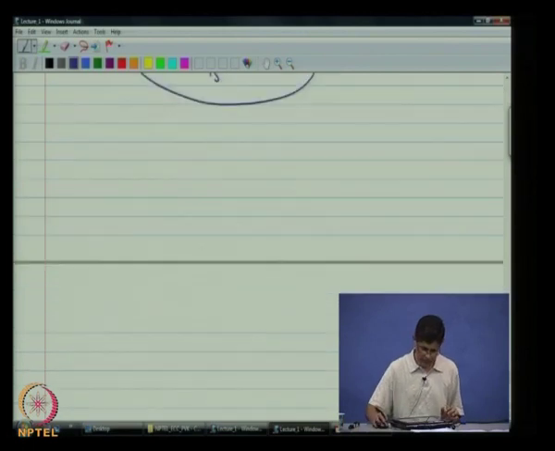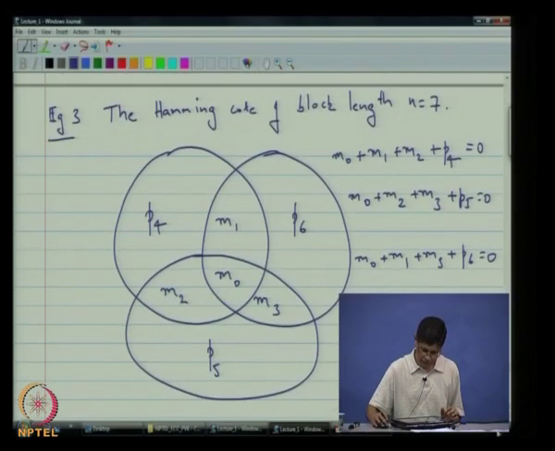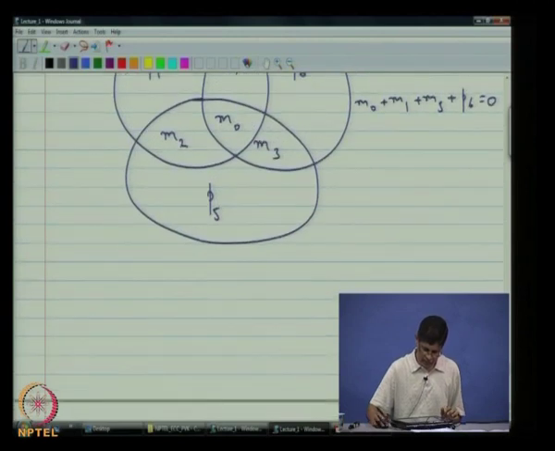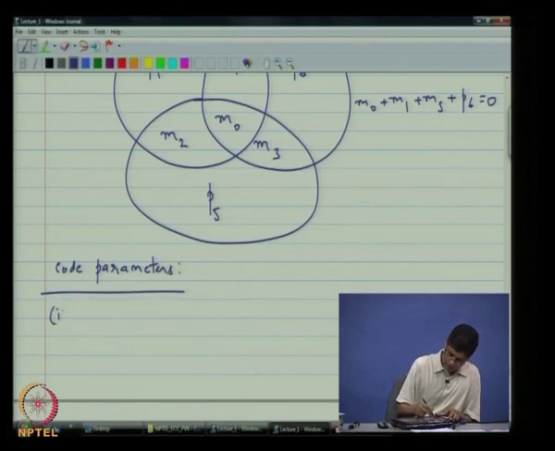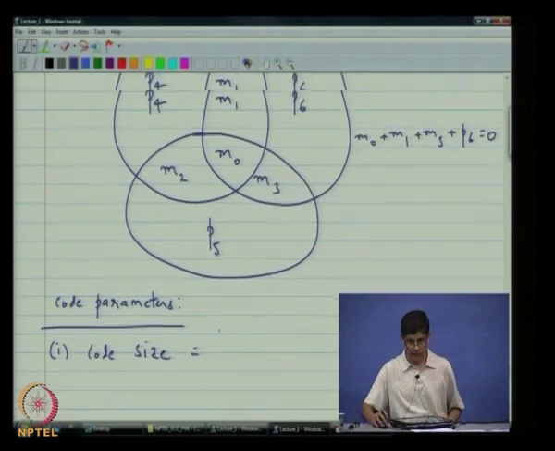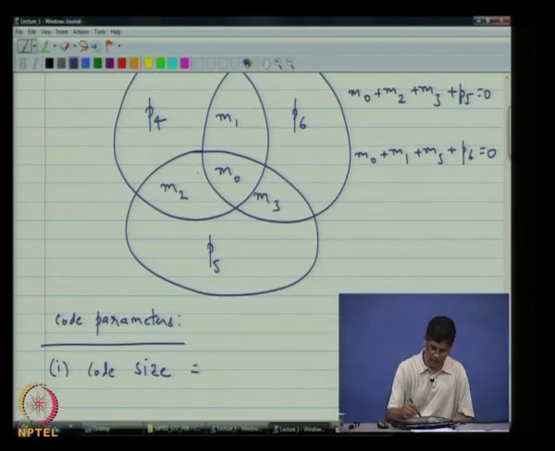So, let us now look at the code parameters. First, the size of the code, as I told you earlier, is 16, because you are free to pick the message symbols, and then after that the parity symbols are all fixed.